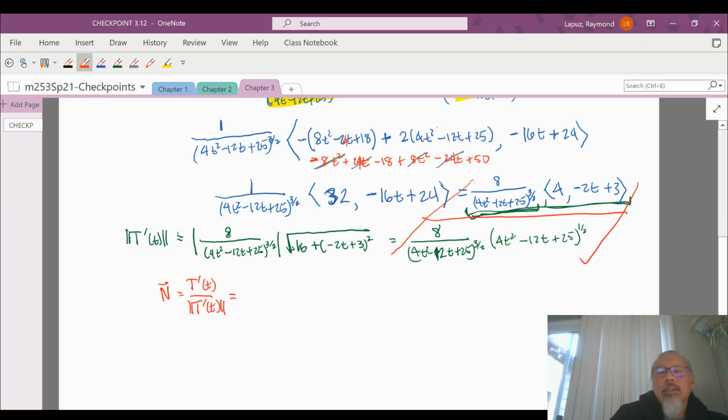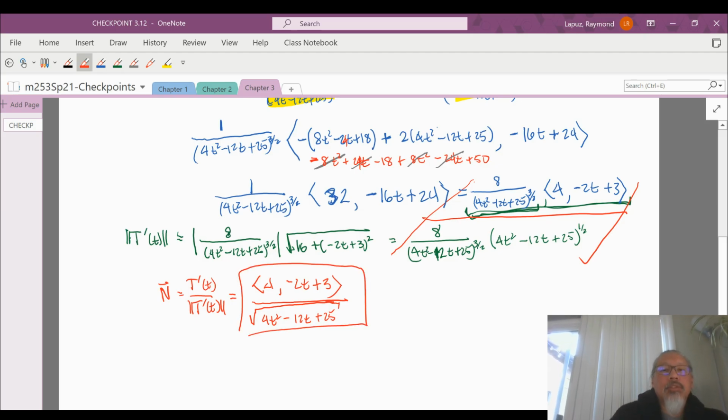And so by canceling out the scalar, or the 8 divided by that something to the 3/2 power, I will have 4 comma minus 2t plus 3 as a vector divided by this thing, which is the square root of 4t squared minus 12t plus 25. Okay, it's raised to the 1/2 power, but I put it under a square root. And so this is it. This is your normal vector as a function of t.